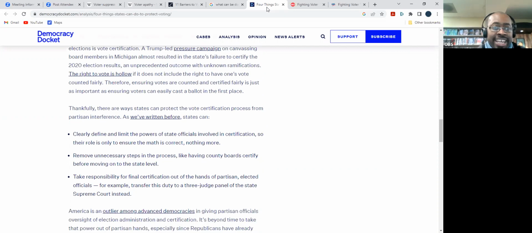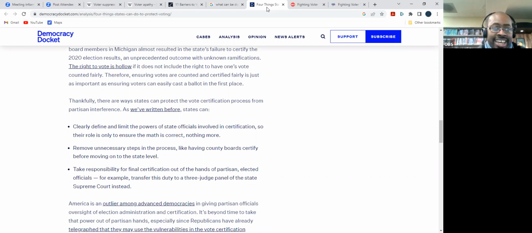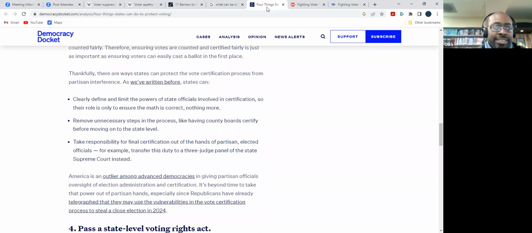Thankfully, there are ways states can protect the vote certification process from partisan interference. As written here, states can, number one, clearly define and limit the powers of state officials involved in certification. So their role is only to ensure that the math is correct, nothing more.